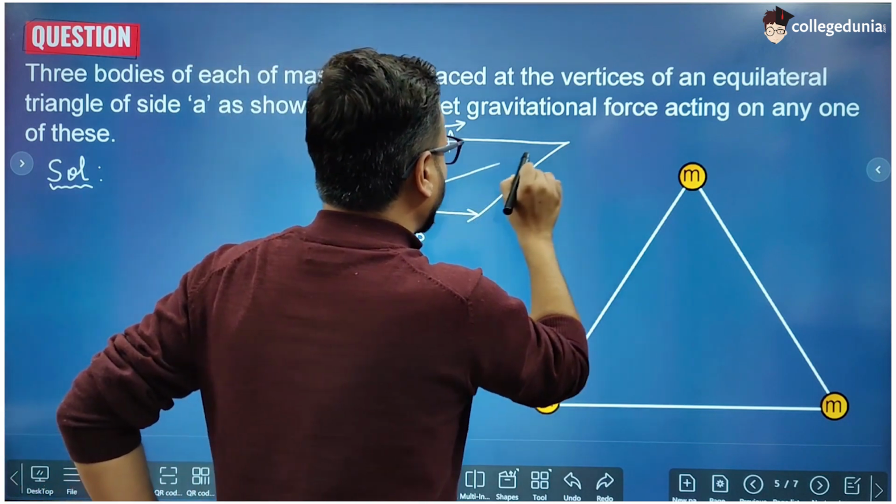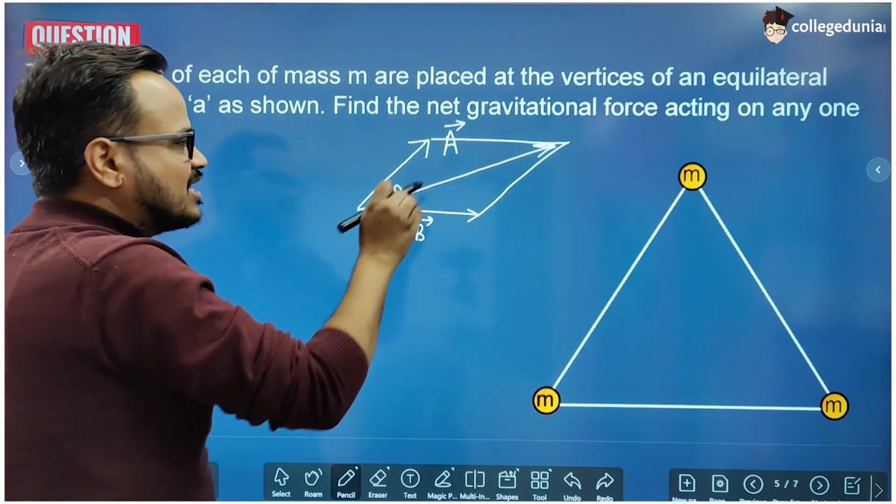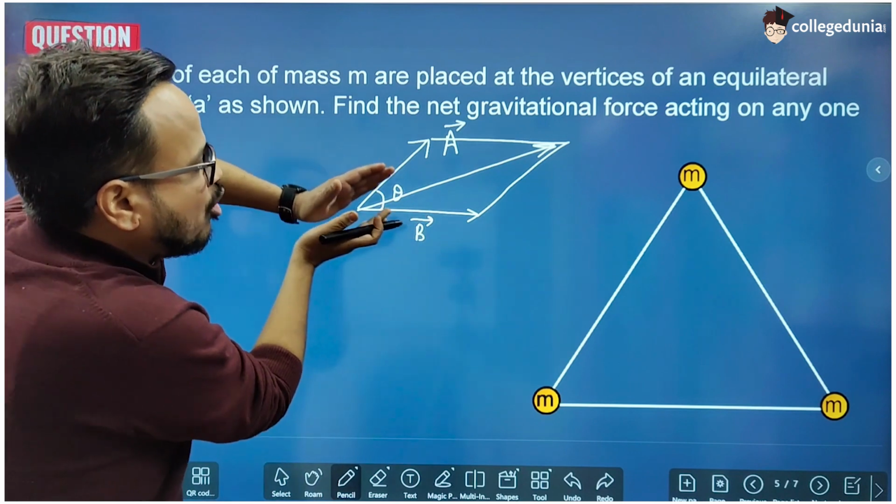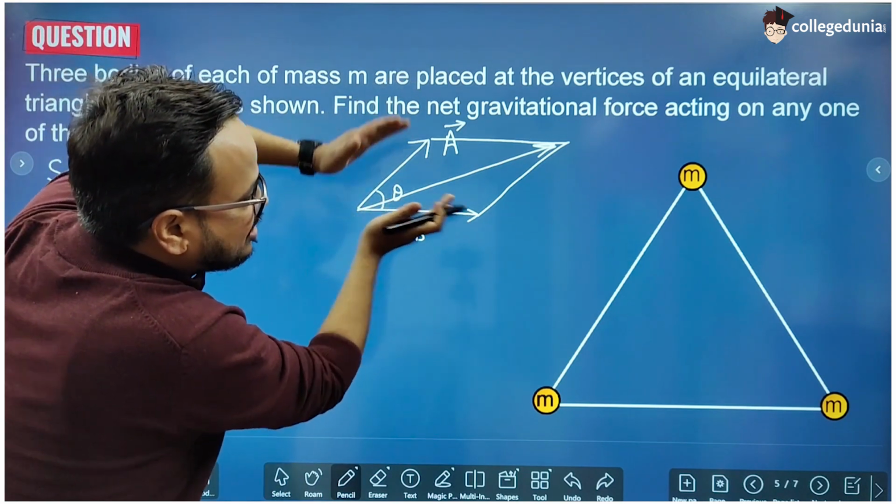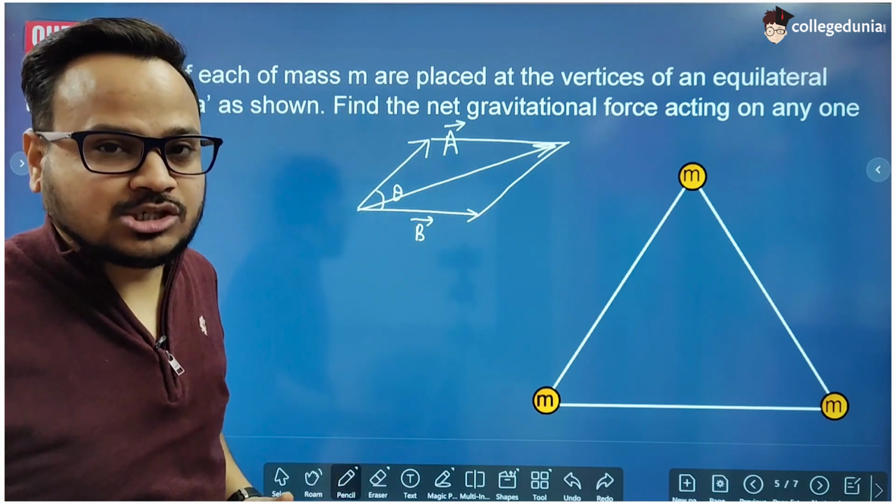these two vectors according to parallelogram law is the diagonal of this parallelogram, which is formed by these two vectors A and B as two adjacent sides of the parallelogram.